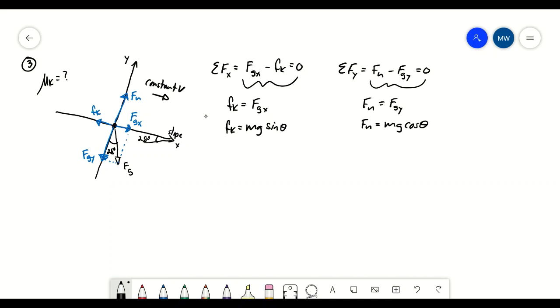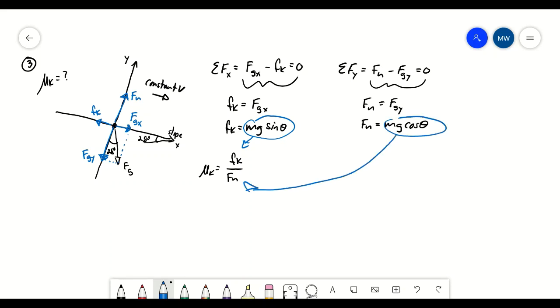We know that the next step for these force problems is to use our friction equation. So mu k equals Fk over Fn. And for this problem, I need to do substitution. What I have for Fk goes here. What I have for Fn goes underneath here.